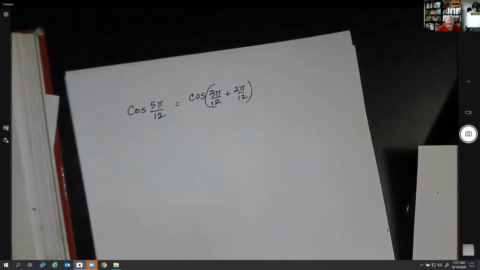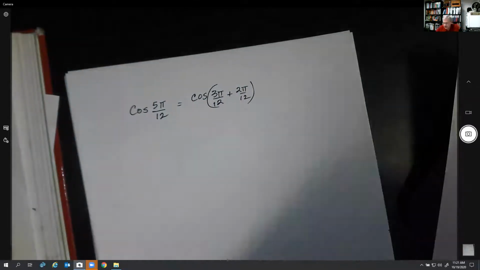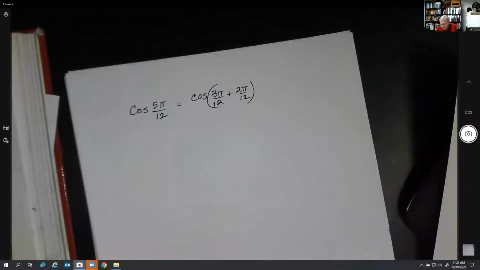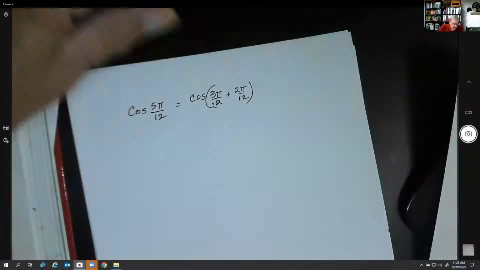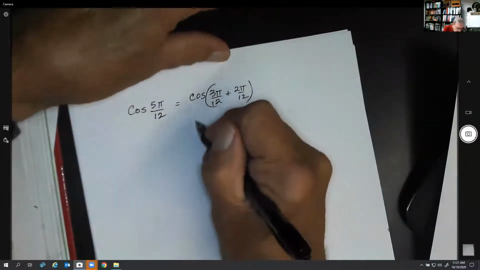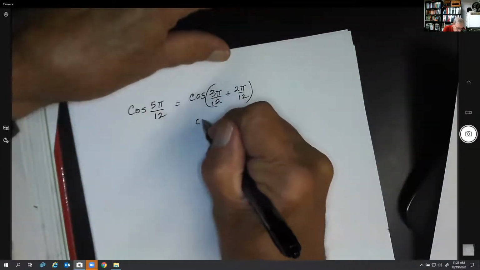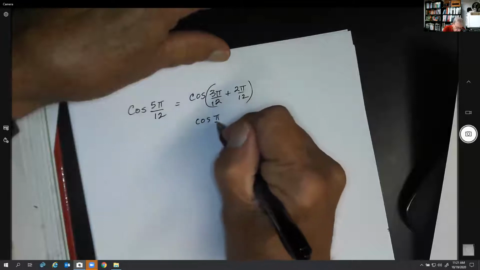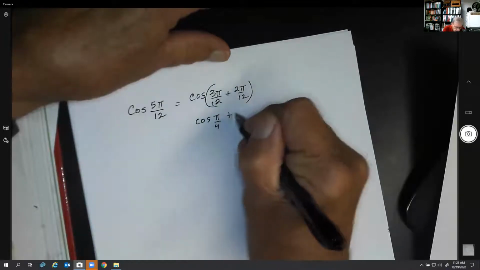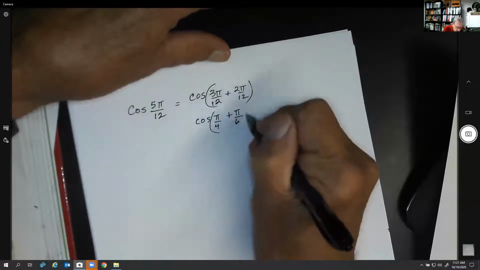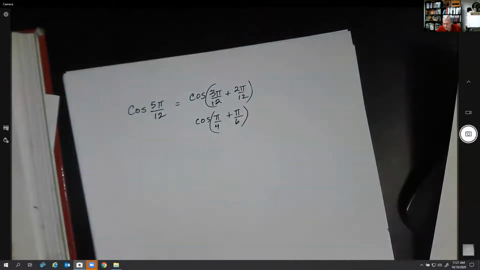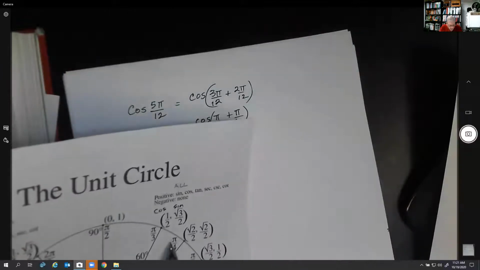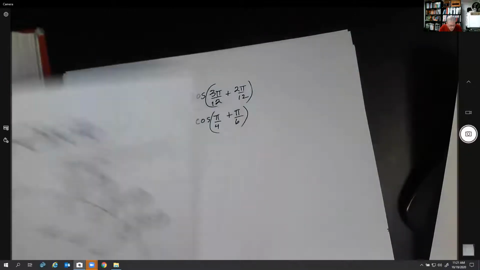But you don't have that on your unit circle. Look at your unit circle. It's not there. So then we have to reduce it. This would be the cosine of pi over 4 plus pi over 6. Let's see if we have those. Pi over 4, pi over 6. See, so we got it.